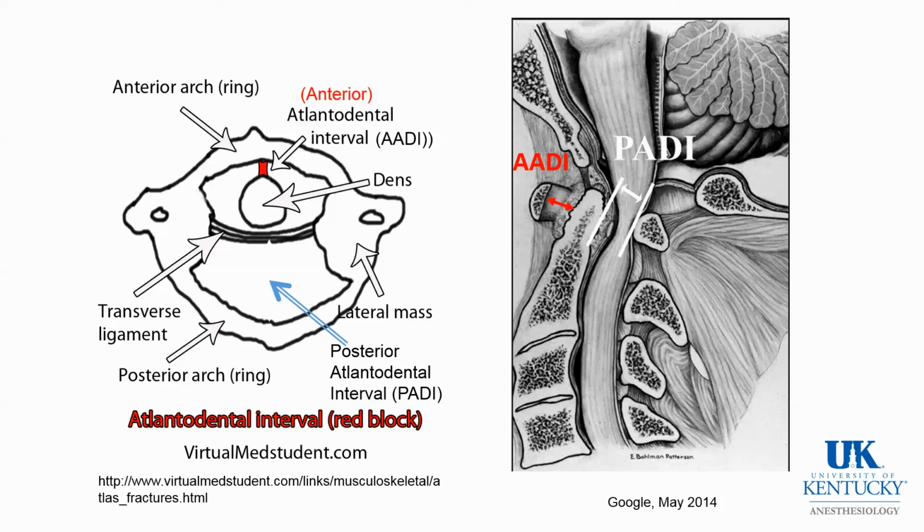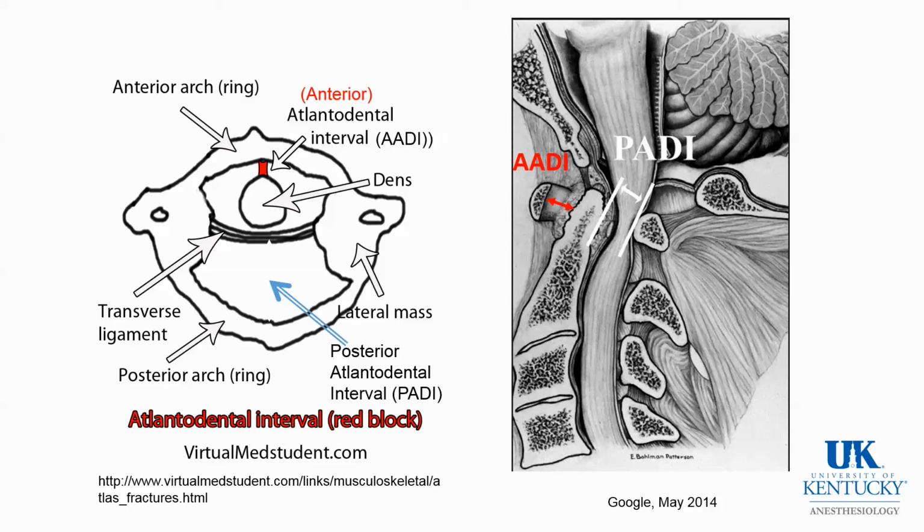And thus, in radiologic examinations, the distance between the anterior arch and the dens, and between the dens and the posterior arch, are parameters used to detect spinal injury.